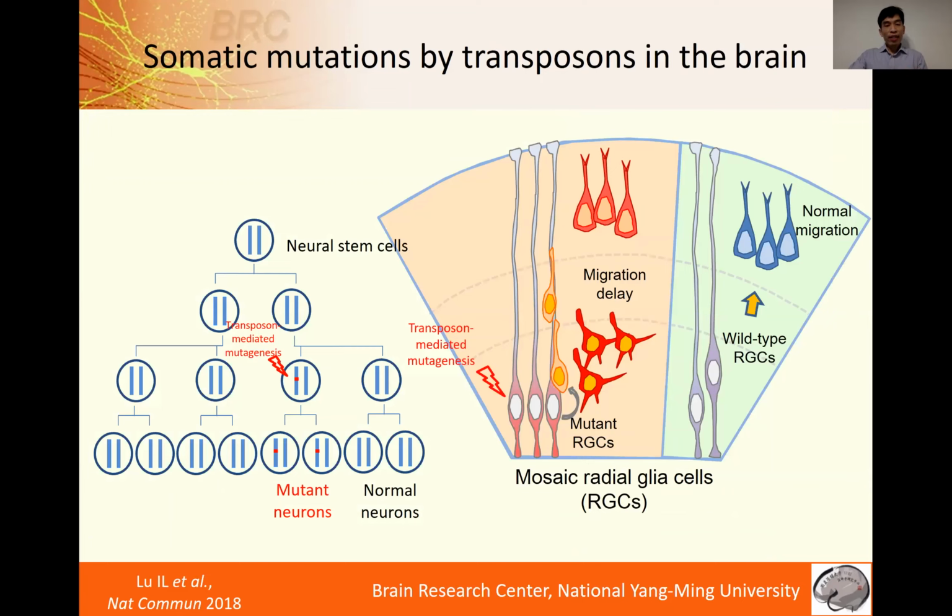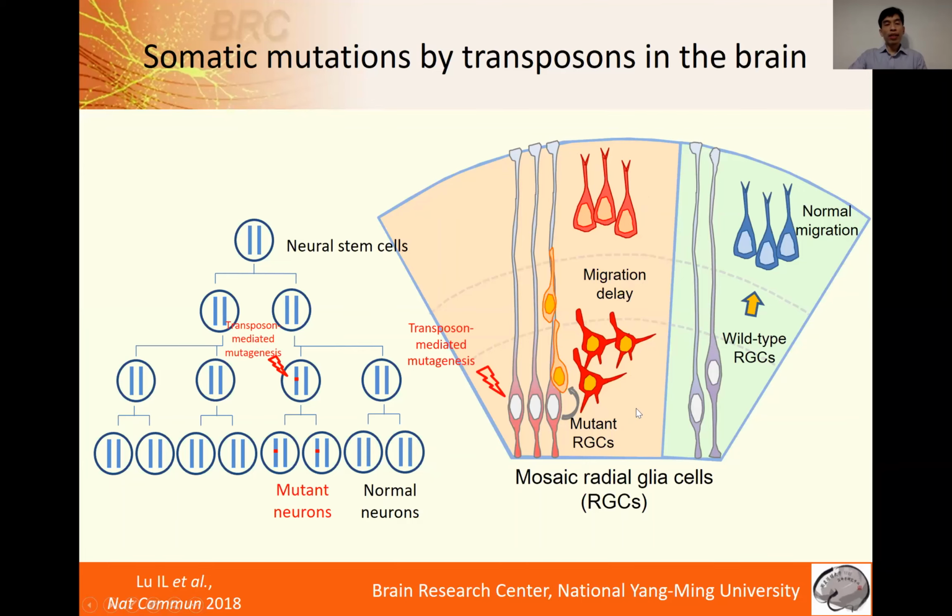So this is the idea where I can use in utero electroporation to introduce these transposons. And when the transposon hits a gene that is not important for neuronal migration, differentiation, or proliferation, then these cells can actually migrate to the cortex normally. If the transposon hits an important gene for this process, then these cells may get arrested in the deeper layers.